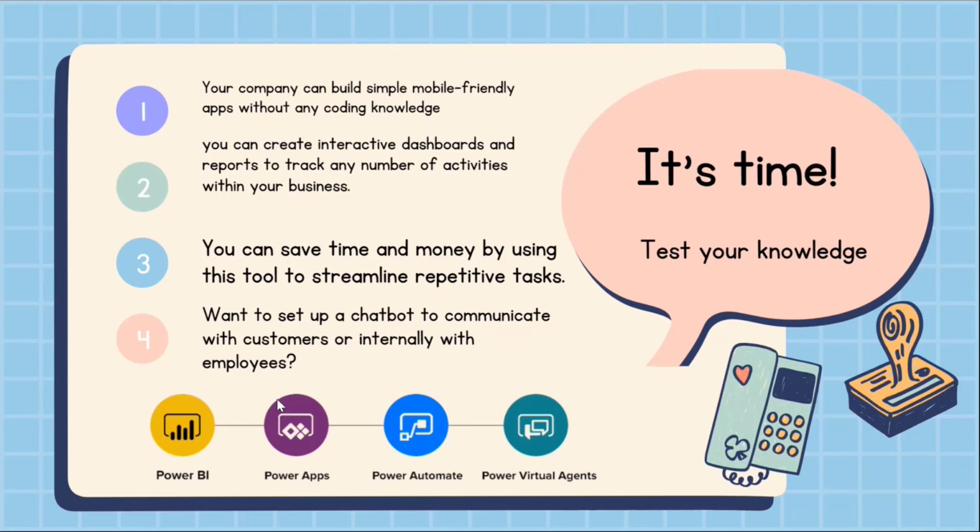So you can save time and money by using this tool to streamline repetitive tasks. You can use the web-based version or the robotic process version. The robotic process version has many features.